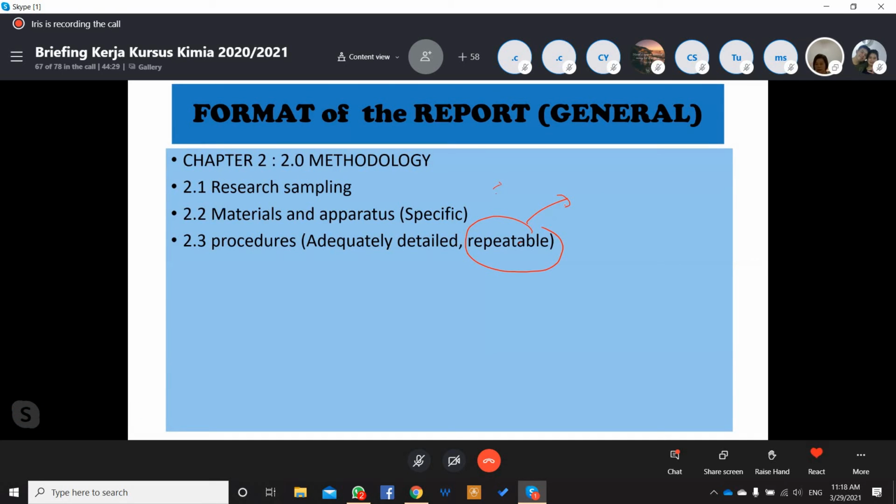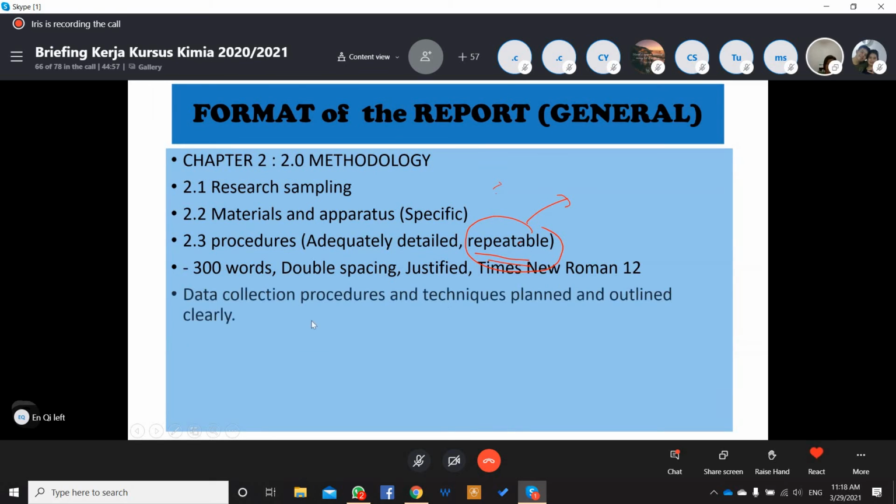They should not be wondering, after reading, what do I do next, how much do I need to use? All those must be repeatable. It's like the ingredients to bake a cake. Your ingredients and your step by step, make sure people who read can follow and bake the same cake as you. The guideline here is double spacing, justified, Times New Roman 12.